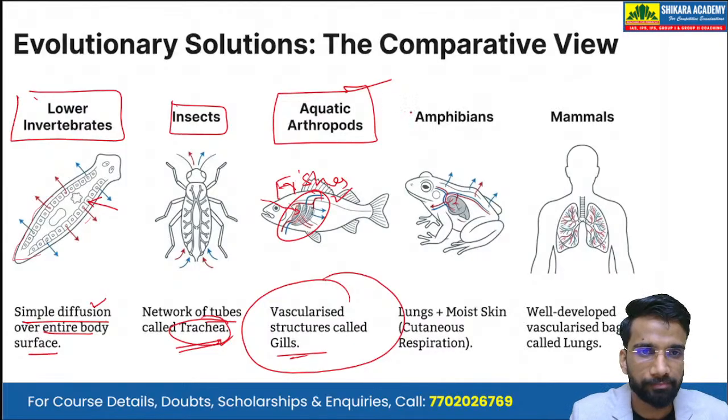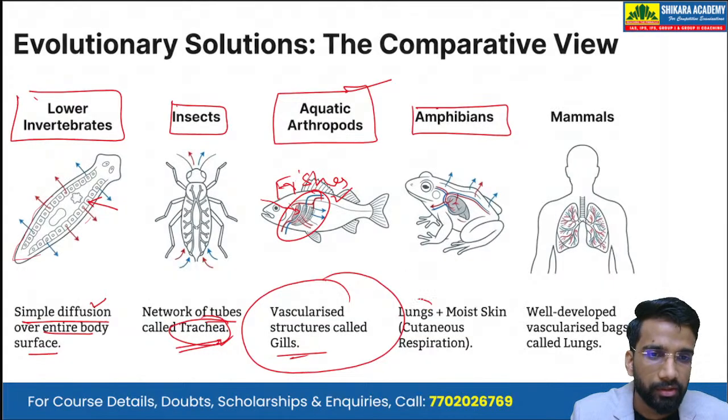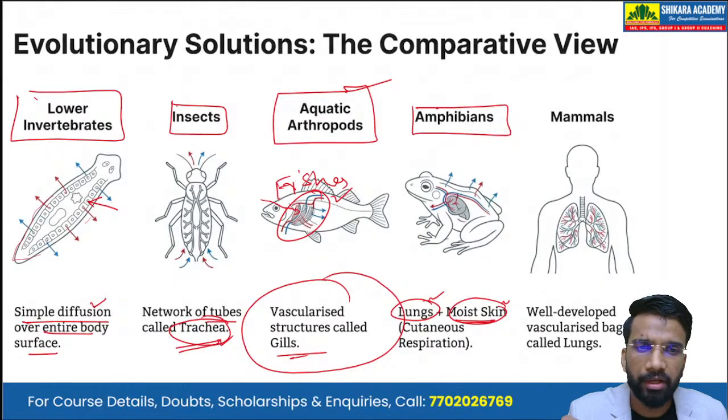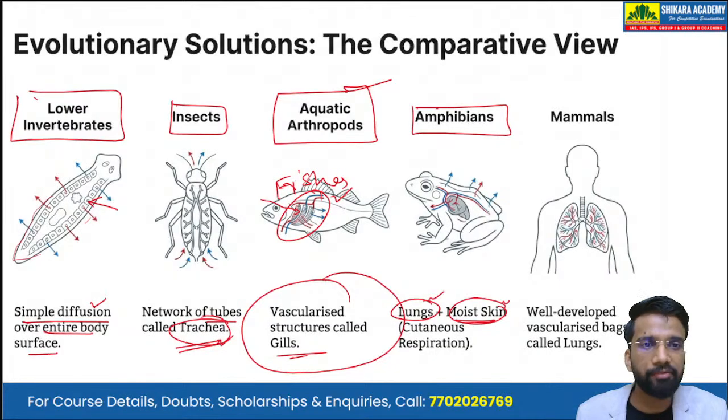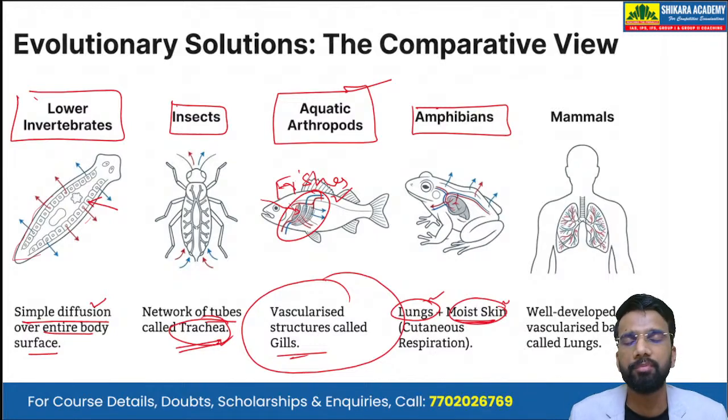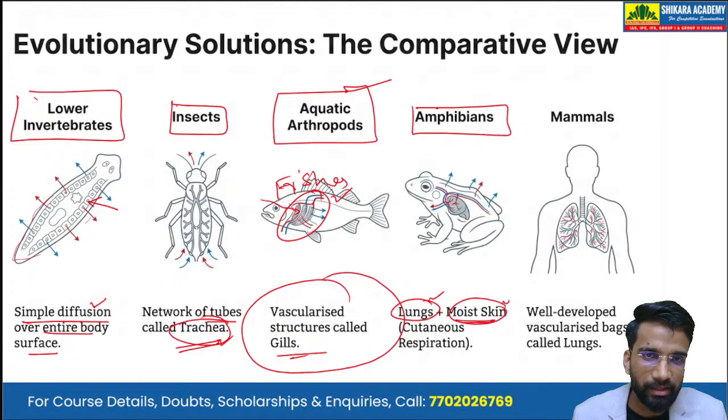In the amphibians, we have the lungs as well as the moist skin, because amphibians can survive both on land and in water. Amphibians have lungs for terrestrial respiration when they are on land, and when they are in the water, they breathe with the help of their moist skin. The exchange of gases by the moist skin is known as cutaneous respiration.